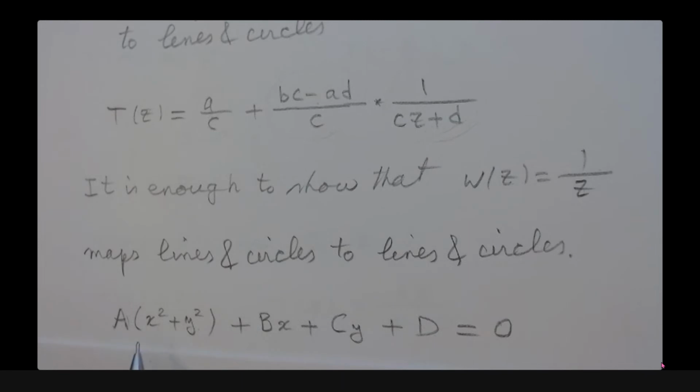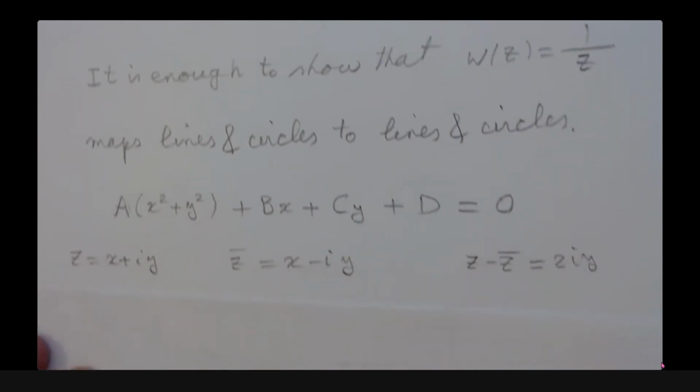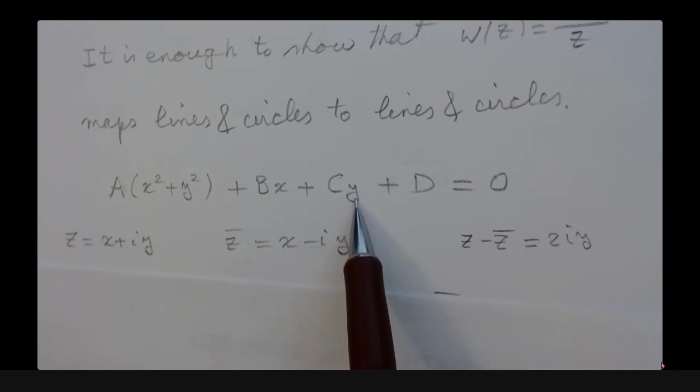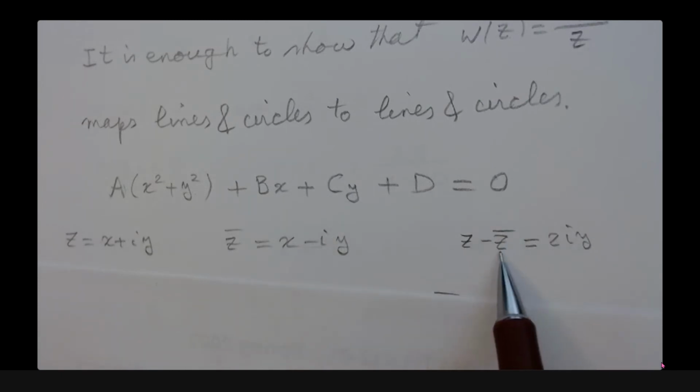Well, this x squared plus y squared, I'm going to write those in terms of z and the conjugate of z. Look, here's the conjugate of z, right? If I subtract, I'll get 2iy. If I add them, I'll get 2x. So I will replace x by z plus z bar divided by 2, and I will replace y by z minus z bar over 2i.